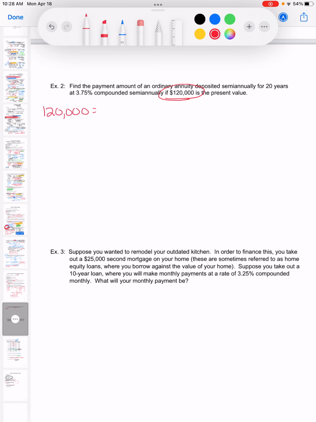So I've got $120,000, I'll write them out first, is going to be equal to P, my interest rate. I'm depositing semi-annually and compounding semi-annually, and that's for 20 years. So this is going to be the one where I have to do a little bit of algebra on it.